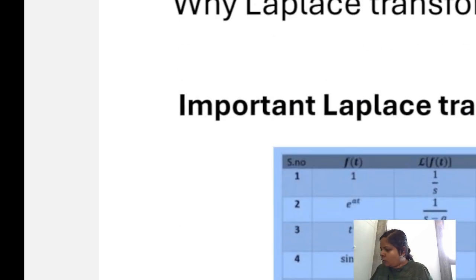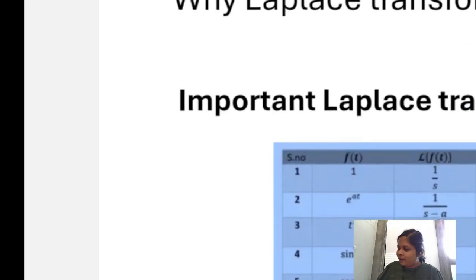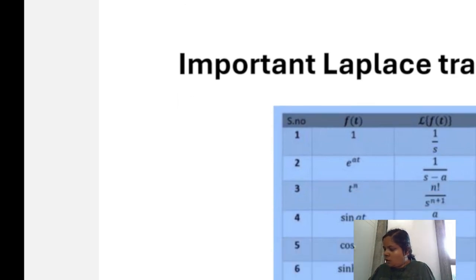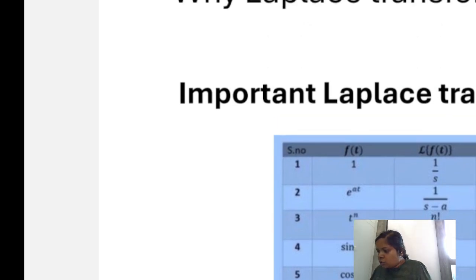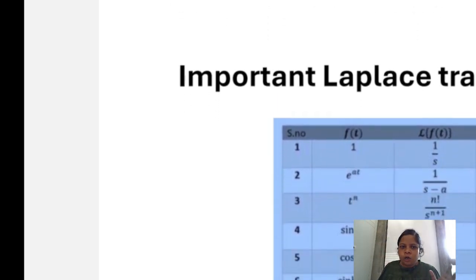If we are able to have some method in which we are very easily able to solve differential equations, that would be of much help to us. Laplace transforms are one of those ways.